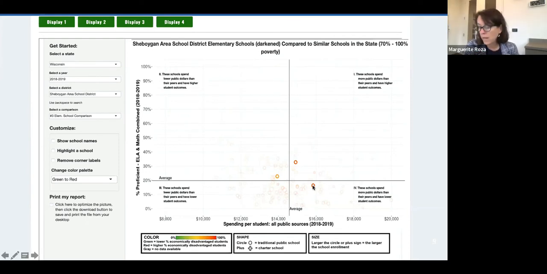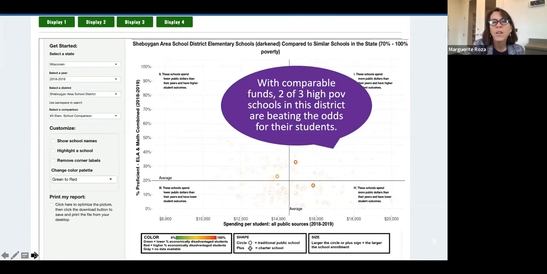This school over here is a more expensive school, and we could say to this school, you're getting close to $16,000 a student, which is more than we see for high poverty elementary schools in other areas of Wisconsin, and your outcomes are a little bit lower, right? So that's what we're doing with this display number 3: we are trying to say, apples to apples, high poverty schools to high poverty schools elsewhere in the state, and how do I start comparing them?